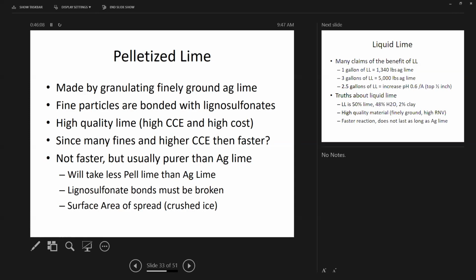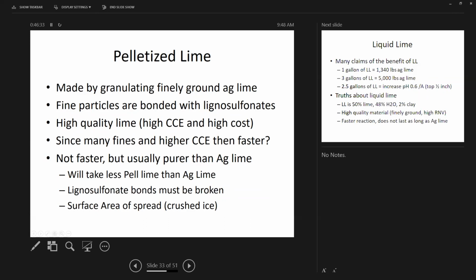You could easily look at $250, $300 per ton of pelletized lime, where I can get a ton of ag lime spread for $20. I talked to the farm crew this morning. They're spreading lime, $21 an acre is what it's being spread for.